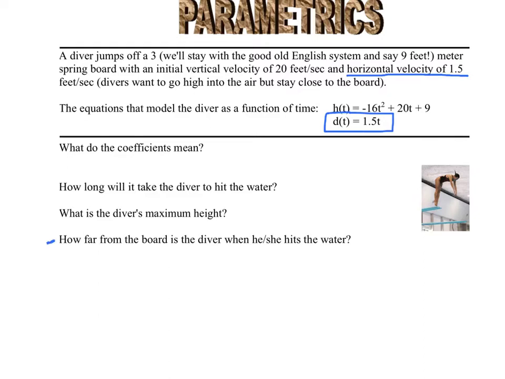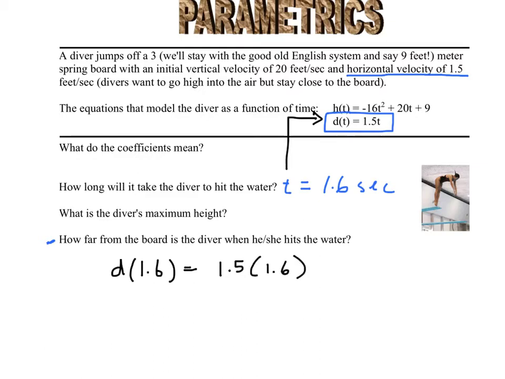The fact that it took approximately 1.6 seconds to hit the water, I can now say, well, how far away from the board was it at 1.6? I can just evaluate that. So 1.5 multiplied by 1.6.